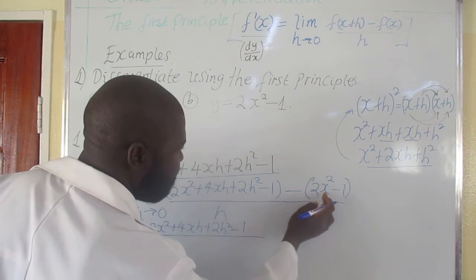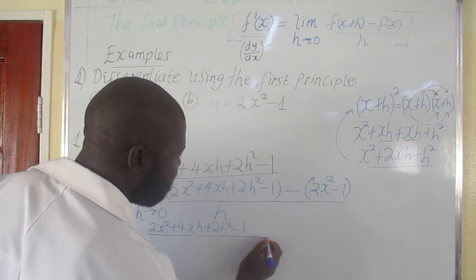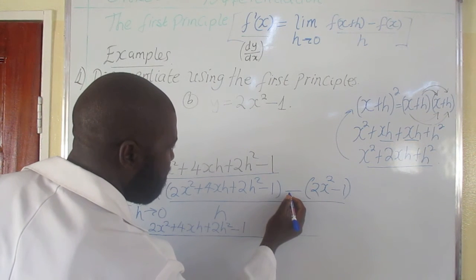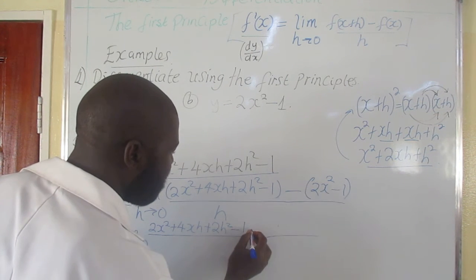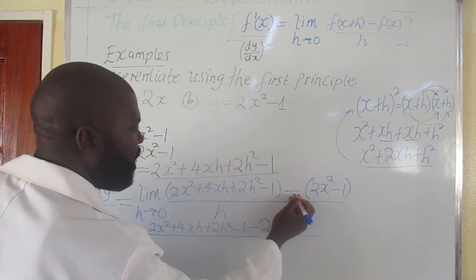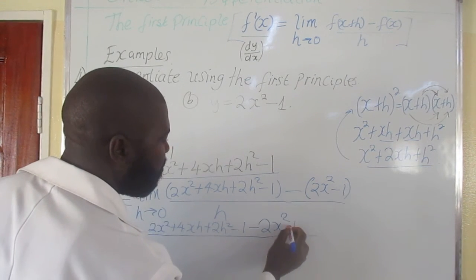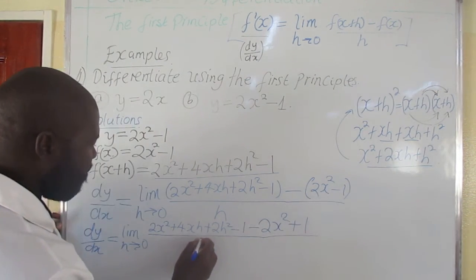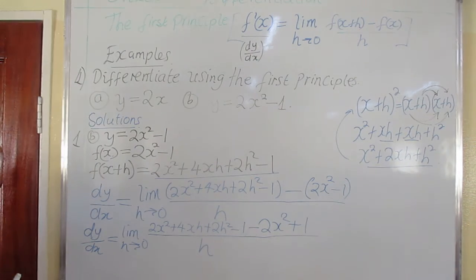We remove the brackets here. So removing the brackets here, we have minus times 2x squared, we have minus 2x squared, minus times minus 1, we have plus 1. Everything over h.